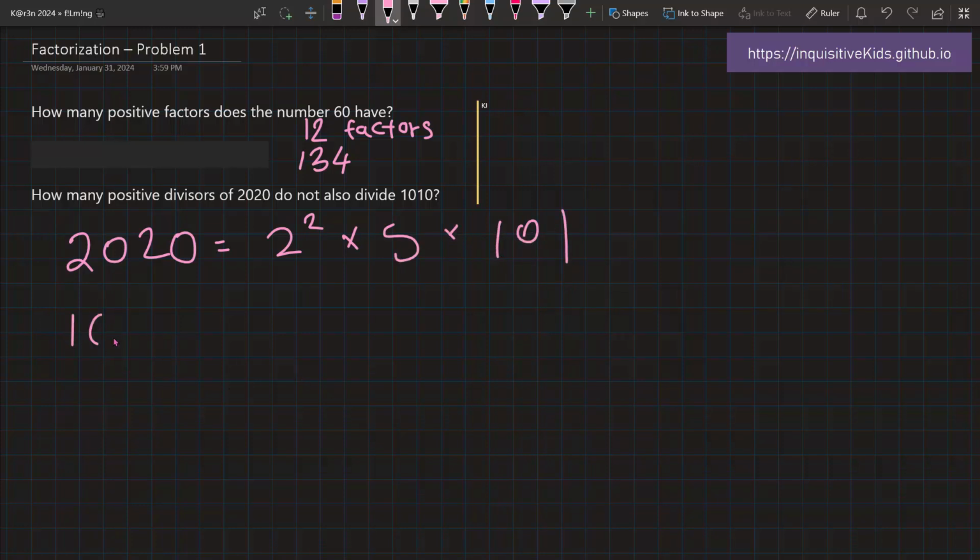And what is 1010? Well, this is equal to 2 times 5 times 101.